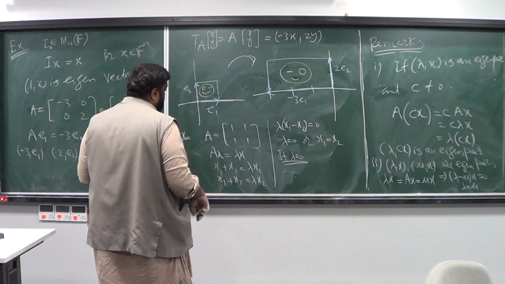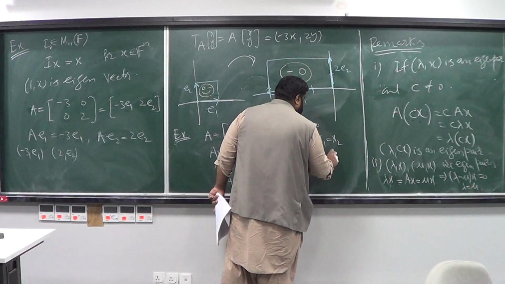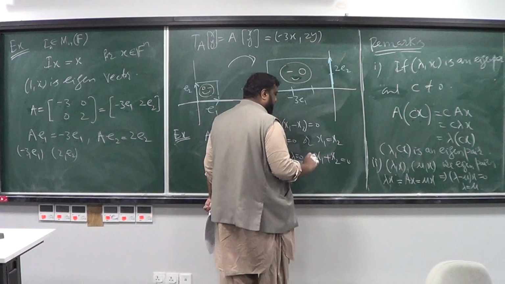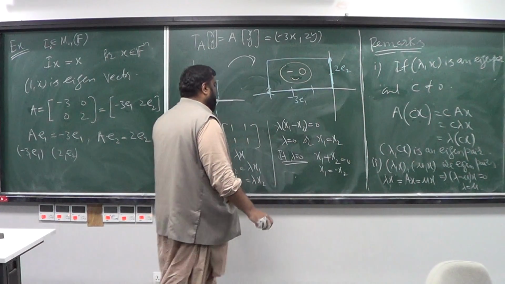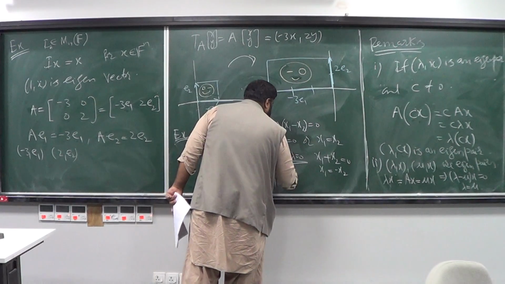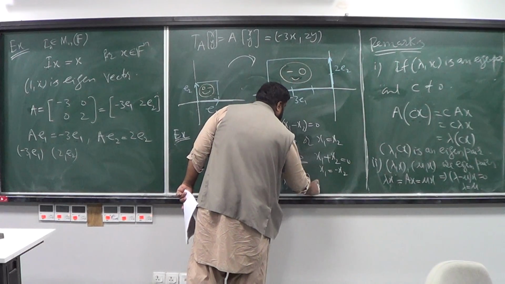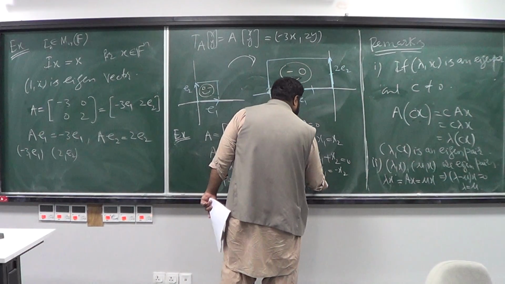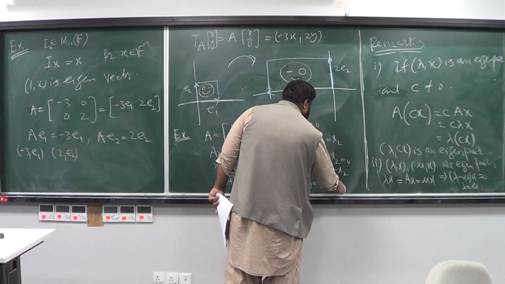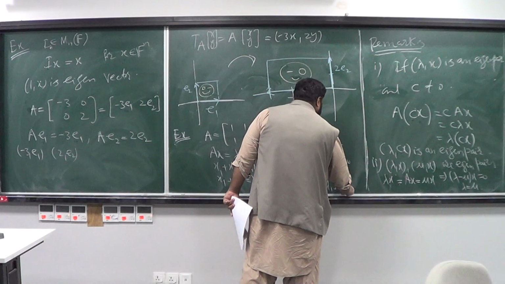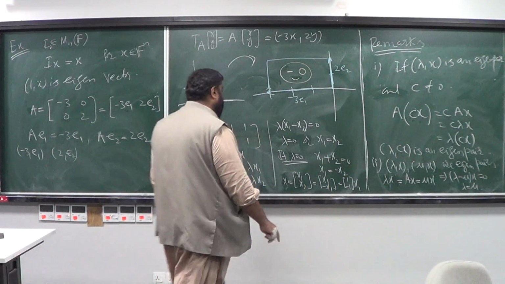So if lambda is 0, these two equations tell you that x1 plus x2 is 0, so x1 is really minus x2. In this case, your vector x, which is (x1, x2), will be a vector (x1, minus x1). You can say that this is a vector spanned by (1, minus 1) times x1.